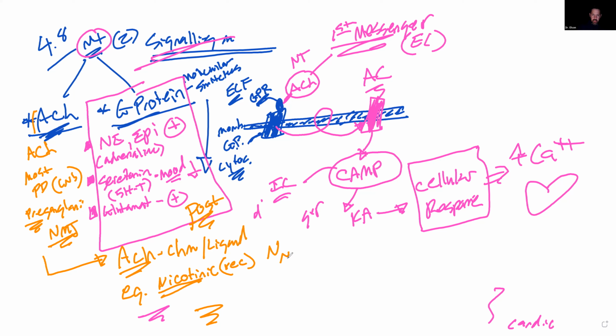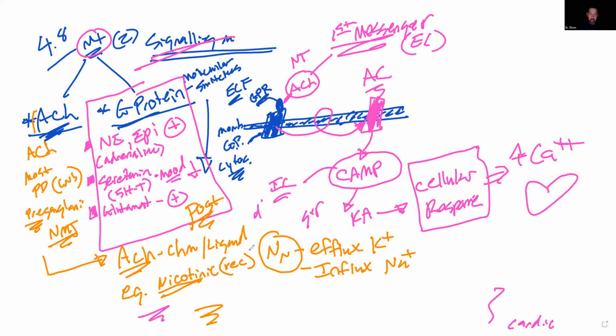So we call here NN, and these nicotinic receptors are allowing an efflux of potassium and an influx of sodium ions.